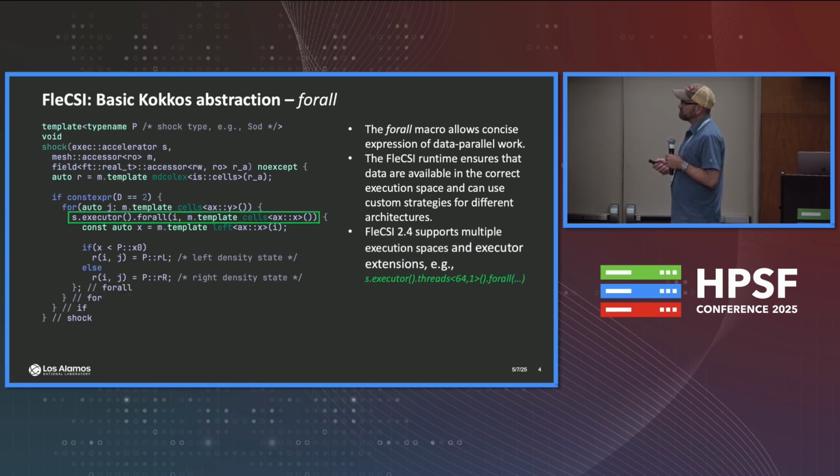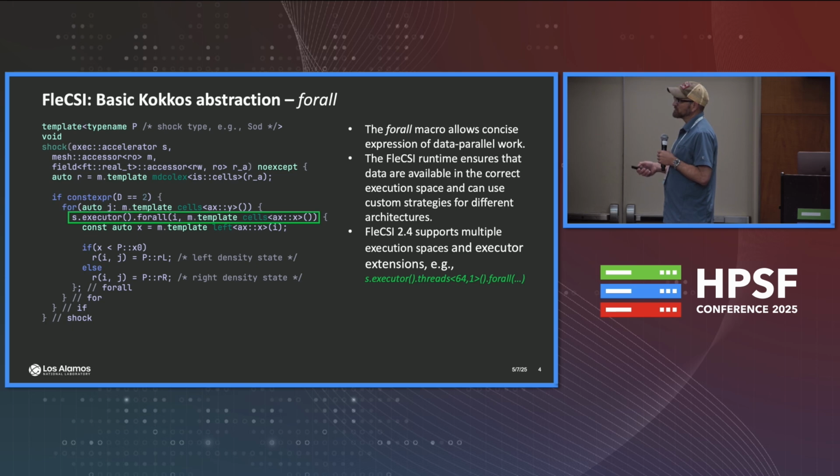For the forall, we have a new interface that's going to be released in FleXCI 2.4 that uses this executor. We used to just have forall. This forall is actually a macro, and I'll dive down and show how it does that.